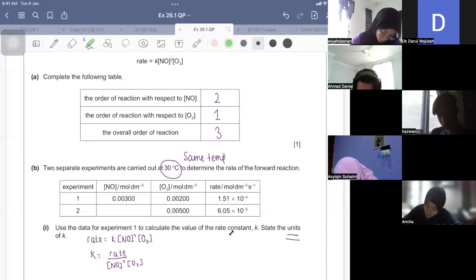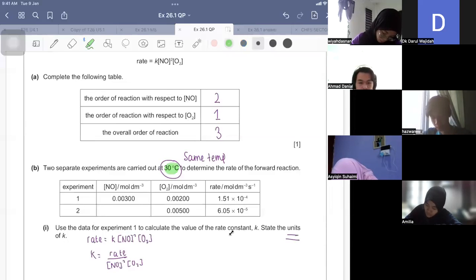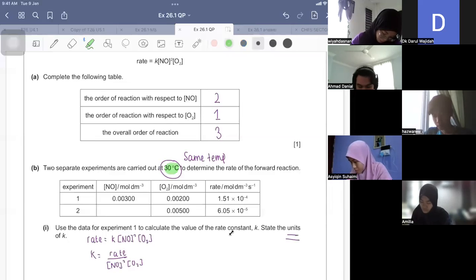There is a reason why I highlight that same temperature, because as long as you are using the same reactants and keeping the temperature the same, even though it's a different experiment and you're using different concentrations, one thing that stays constant is your rate constant. That's why they highlight the temperature of 30 degrees Celsius there.